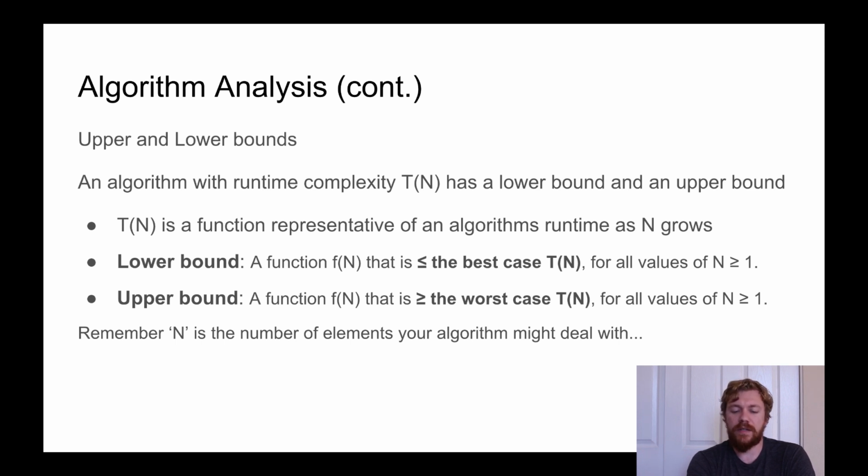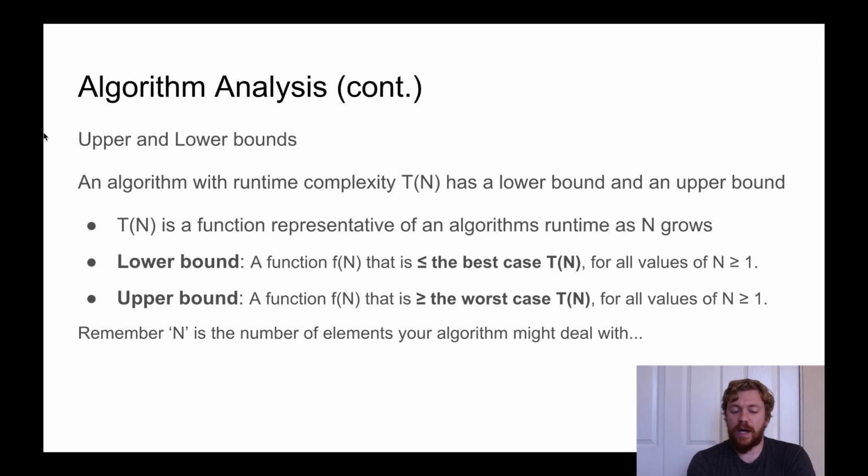So if T of n is a function that represents an algorithm's runtime as n grows, the best case would be when that runtime produced is extremely small, or at least the growth compared to n is very low. And so a lower bound would be considered any function that's less than that best case scenario.